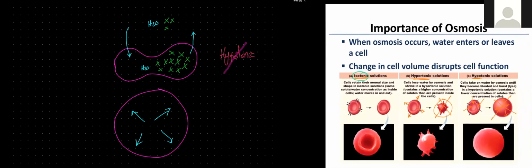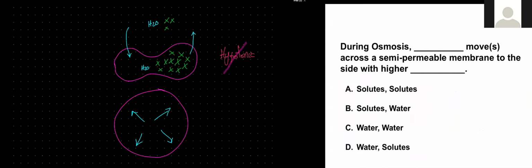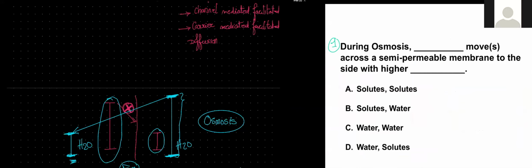All right. So this was a quick reminder of the passive membrane transport, and our very first question today for the in-class activity is going to be, during osmosis, blank moves across the semi-permeable membrane to the side with higher blank. So in osmosis, what moves?